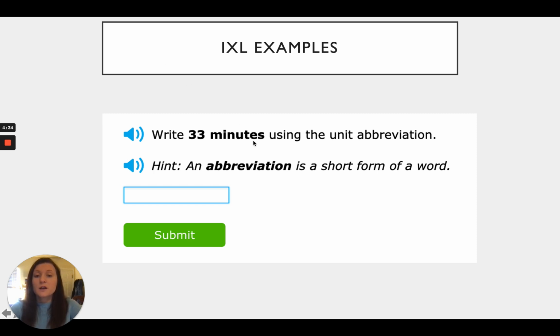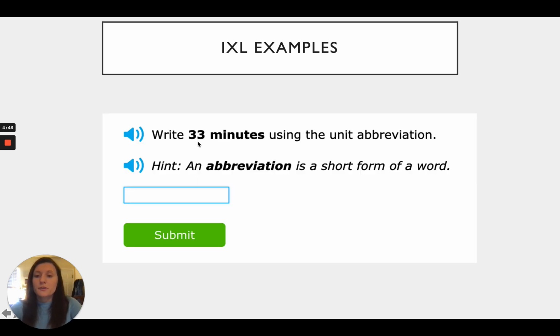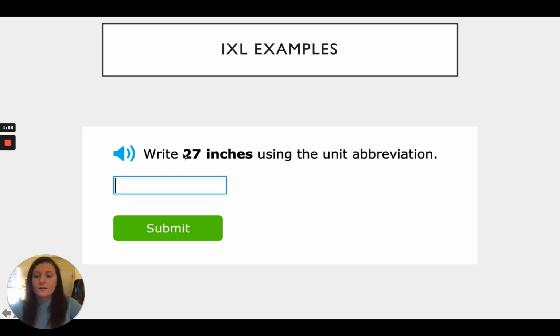So this time we're talking minutes. So we're going to go over to our time section over here, and we're going to look at minutes. And minutes is MIN. So when we go back, we're going to put 33 in our box, and then we're going to put MIN. And again, that's going to mean the same as 33 minutes.